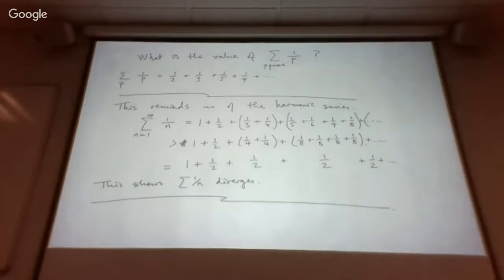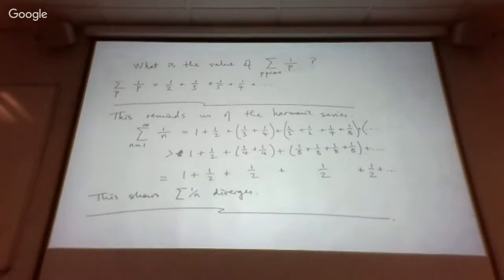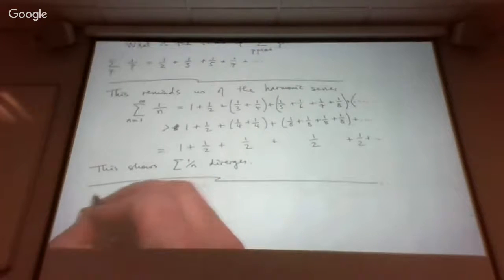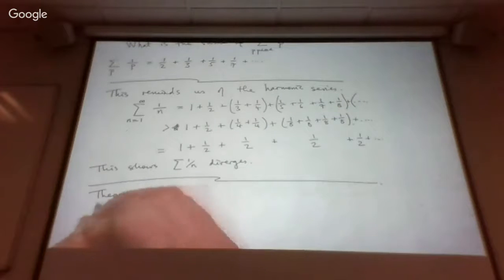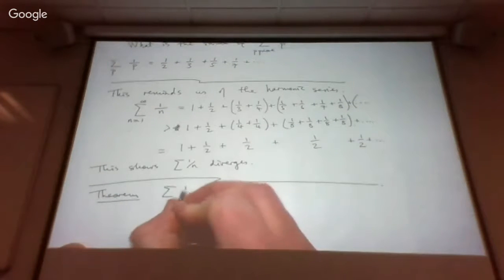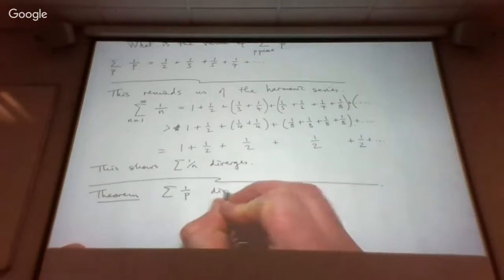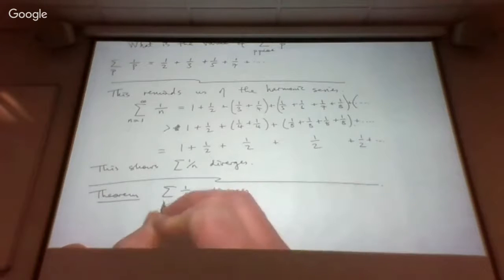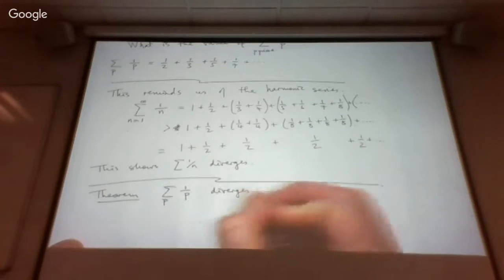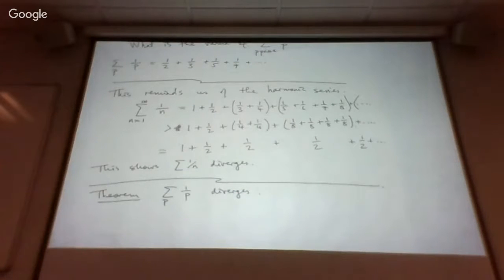Okay, so we have a theorem: the sum of 1 over p diverges also. When you add up all the reciprocals of the primes, you also have something divergent.